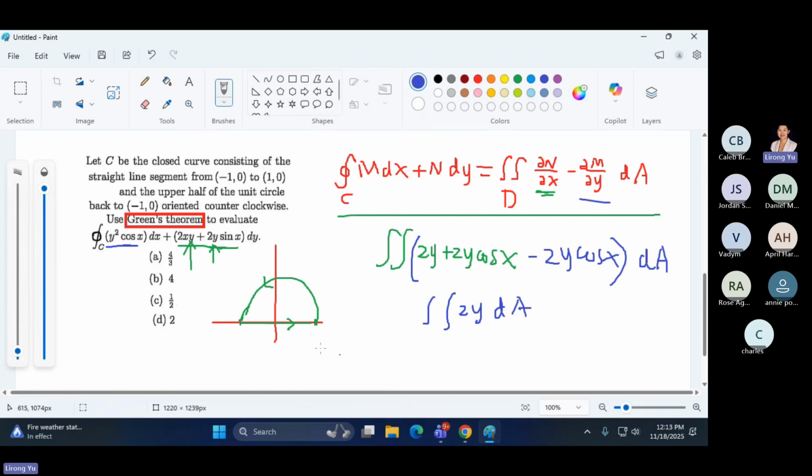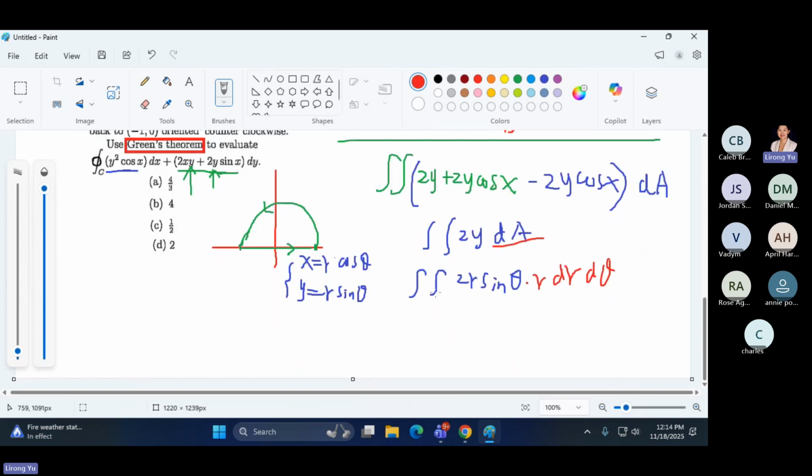Again, because of the half circle, it's easier to do polar coordinates, where x equals r cosine theta and y equals r sine theta. So we do a polar coordinate conversion. The 2y becomes 2r sine theta, and dA in polar coordinates will be r dr d theta.